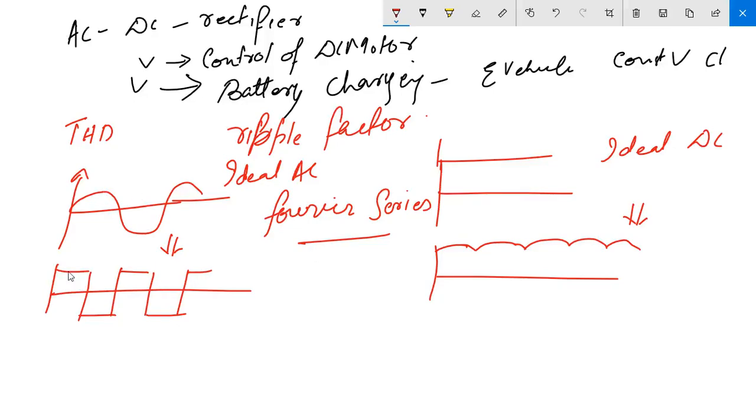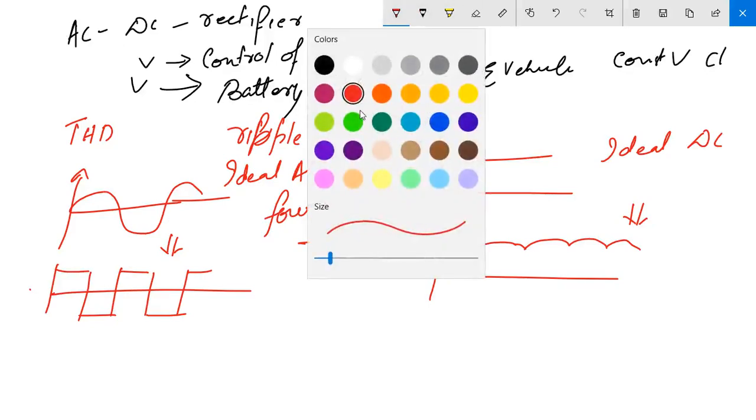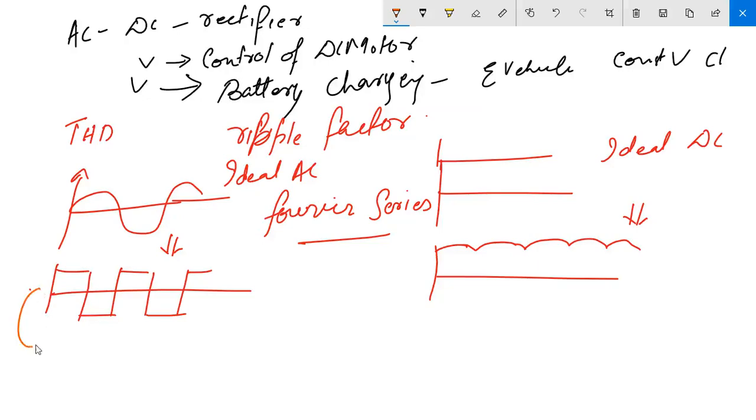So for this waveform, if I calculate the average value, it will be 0. If I calculate the RMS value of this waveform, it will contain odd harmonics.